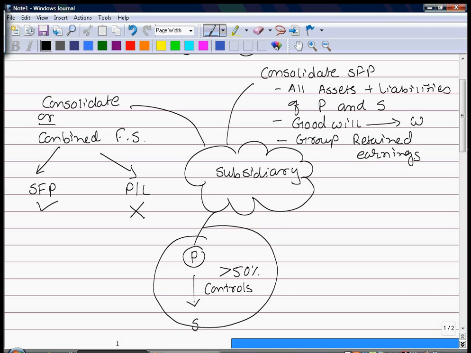And if the parent has purchased 100% of the subsidiary, then 100% of that profit will belong to the parent. So you will have to find a combined or group's retained earnings by doing a working, which will include parent's retained earnings as well as subsidiary's retained earnings.